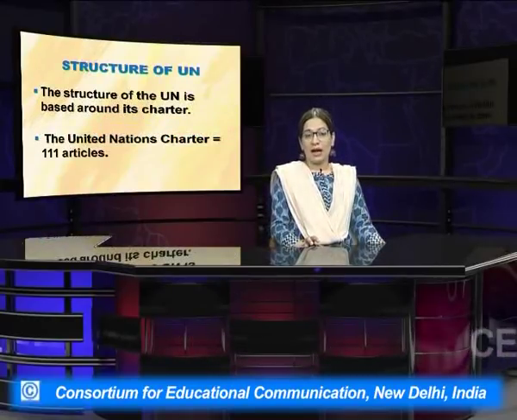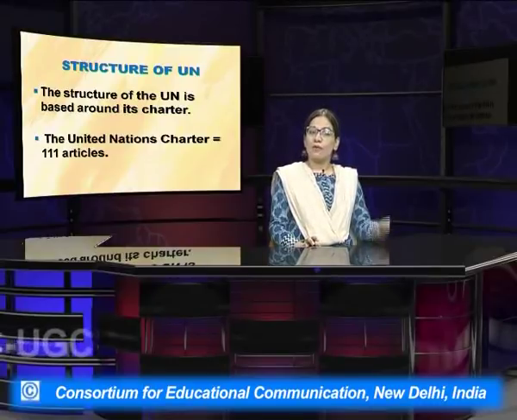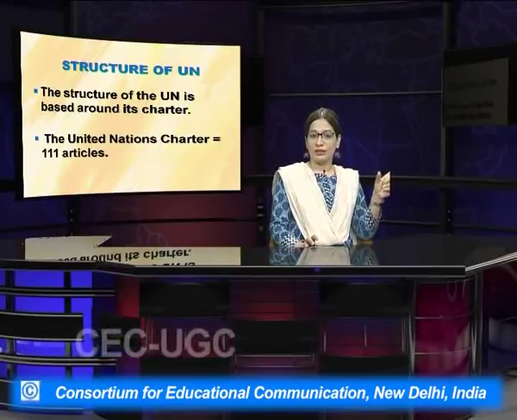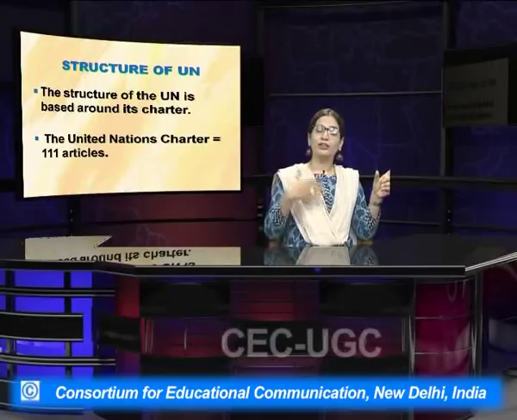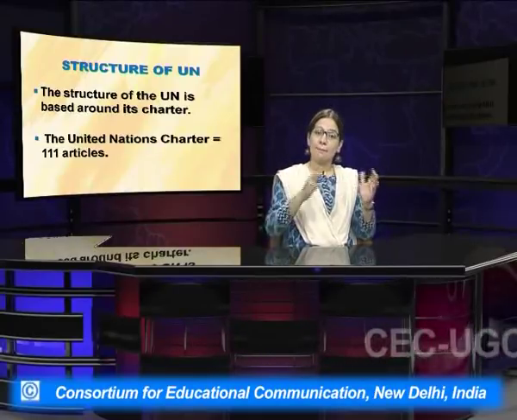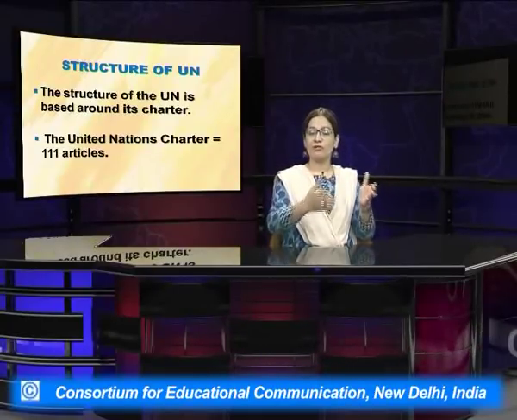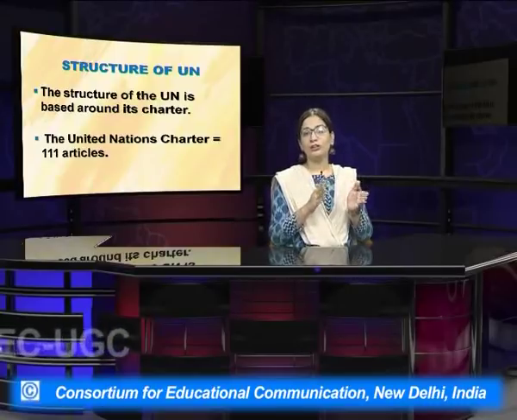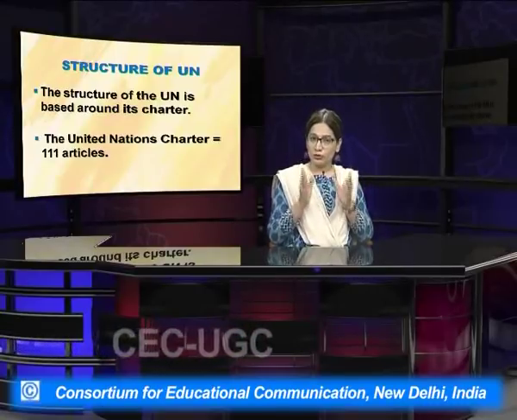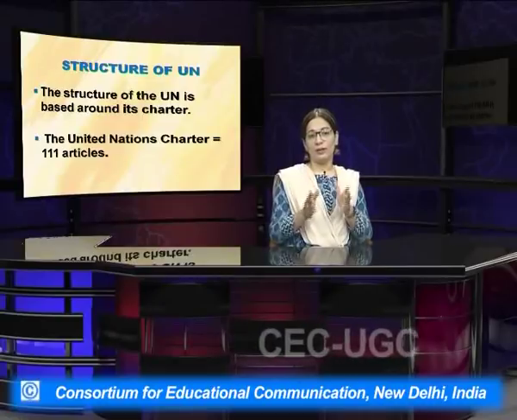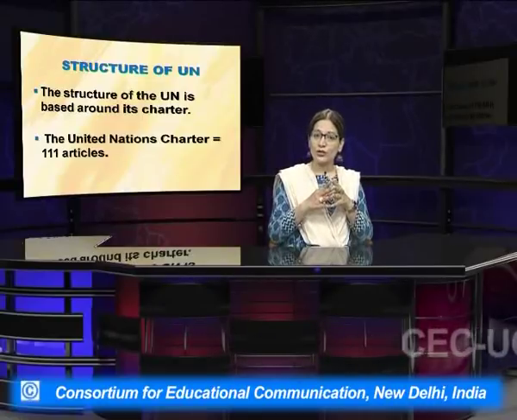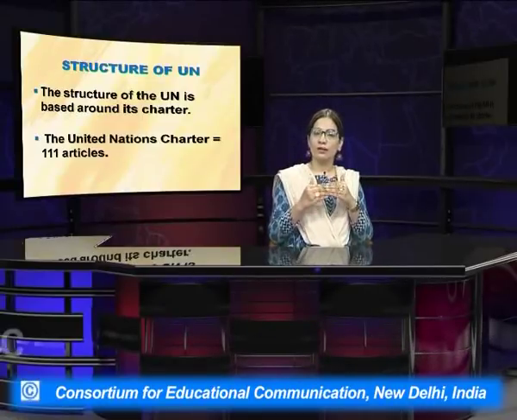Now coming back to our discussion, when we look at the function of the United Nations, and how the historical precedent had an impact on deciding its functions, let's come to the structure. The structure too has a link with the context within which the United Nations was formed.